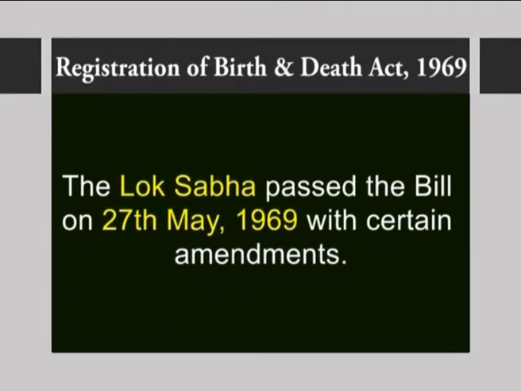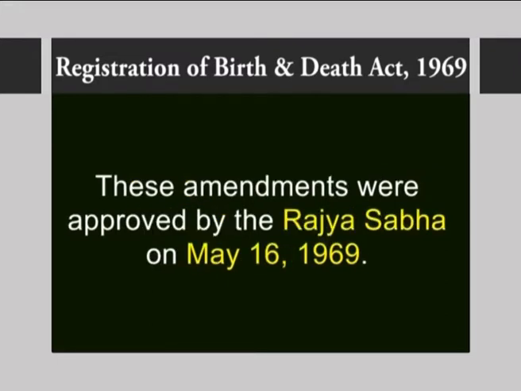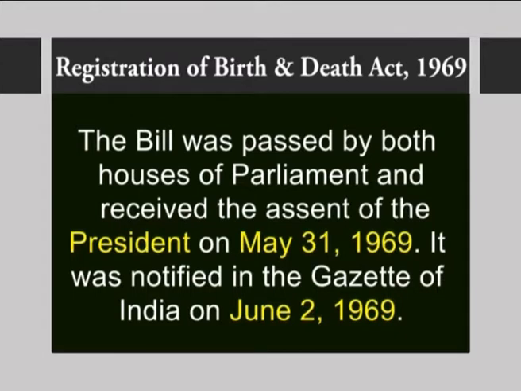The Lok Sabha passed the bill on 27th May 1969 with certain amendments. These amendments were approved by the Rajya Sabha on May 16, 1969. The bill was passed by both houses of parliament and received the assent of the President on May 31, 1969. It was notified in the Gazette of India on June 2, 1969.